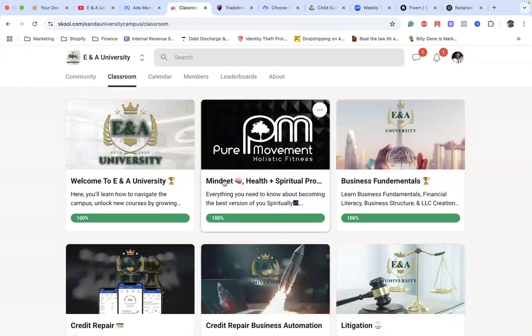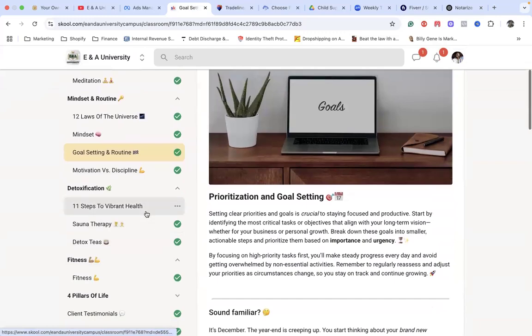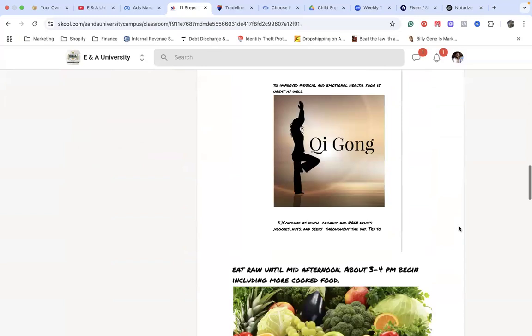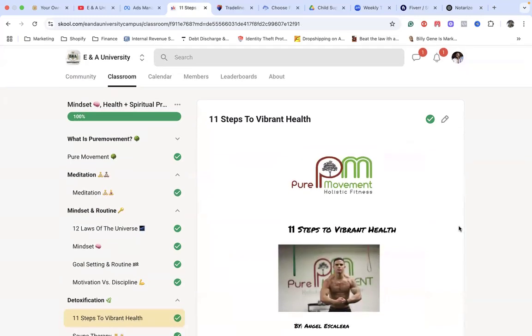You can get your health right just by following his 11 steps of vibrant health. This alone is teaching people literally how to have better health without paying for that. Because when you go on the internet, people are teaching you what to eat, and they're making things very complicated.